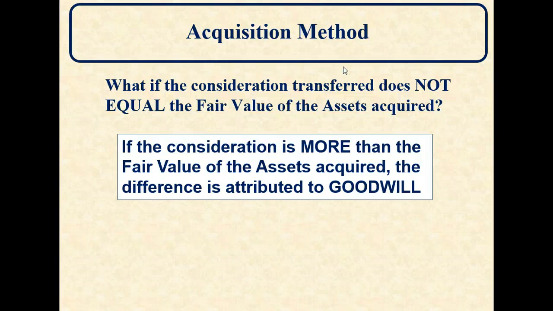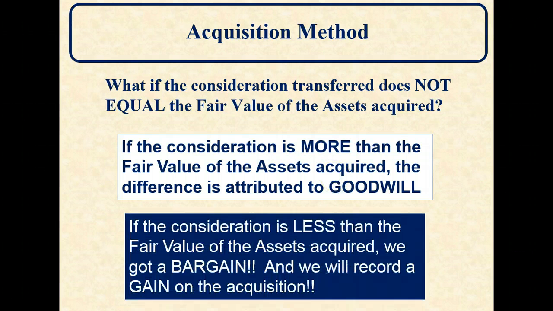Well, there are instances where the consideration is greater than the fair value of the assets, and in that case, the difference between what we're transferring in consideration and what we're receiving, we will show as goodwill, an asset on our books. But if the consideration is under the fair value of the assets, then we've got a deal. And this deal needs to be recorded right away as a gain.